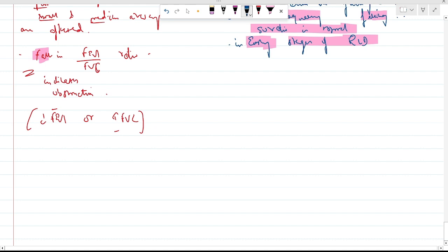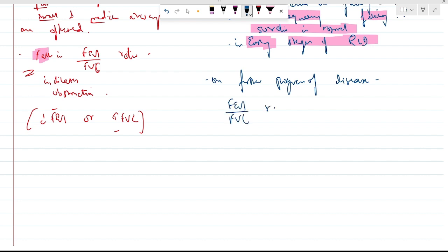Now the disease will further progress. On further progress of the disease, the ratio increases. Why?